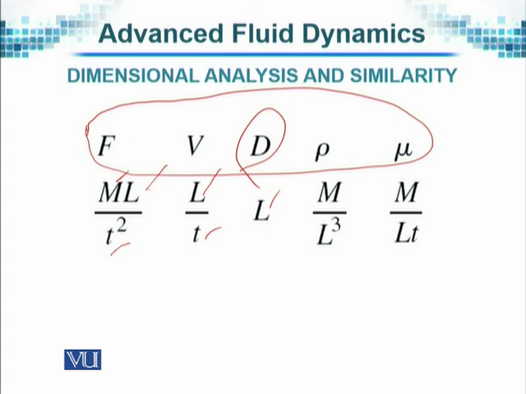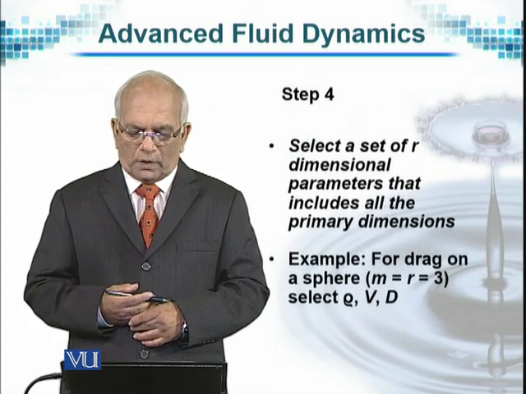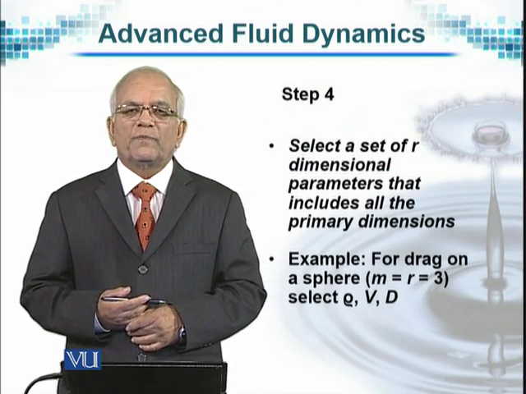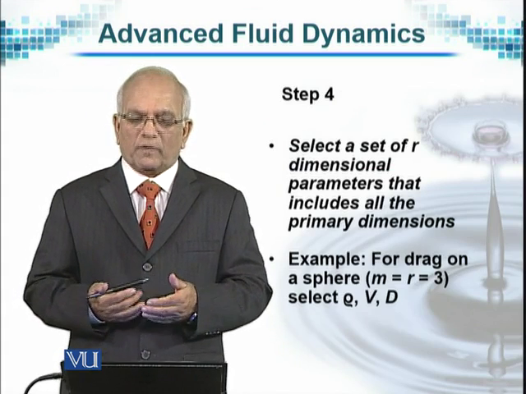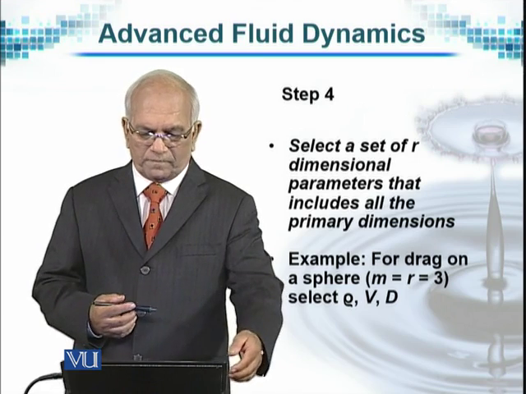But the basic fundamental dimensions that we require to calculate them are only 3: mass M, length L, and time t. So see the difference. This will help us to simplify the problem and to handle it in an easier manner.